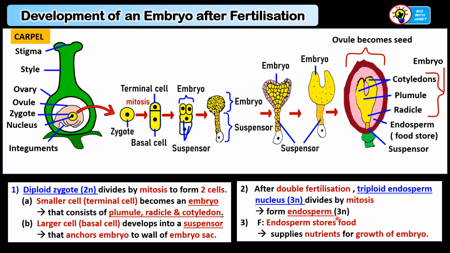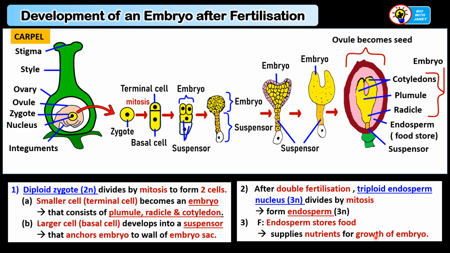Okay, because the endosperm tissue is triploid in condition. That means there's 3 sets of chromosomes. Whereas cotyledons are diploid. They have 2 sets of chromosomes. So this triploid endosperm tissue also serves to store food, such as carbohydrates, lipids, and proteins, so that this food can be supplied to the embryo for development and also for seed germination.